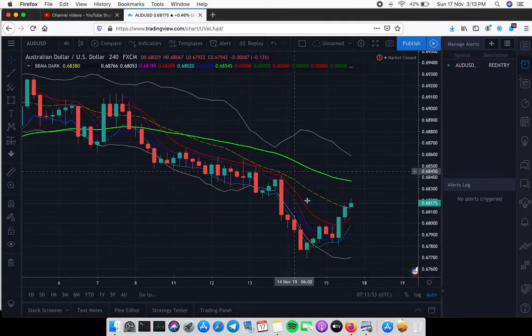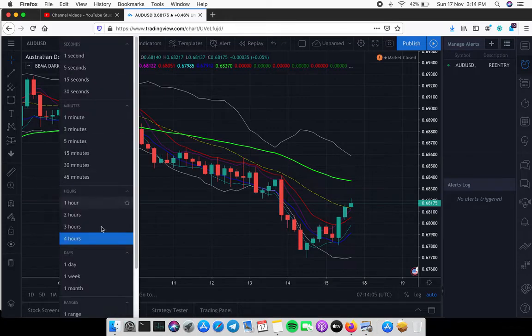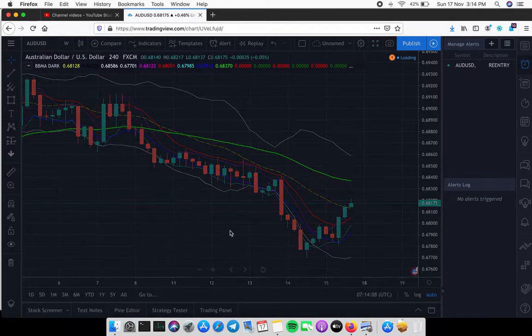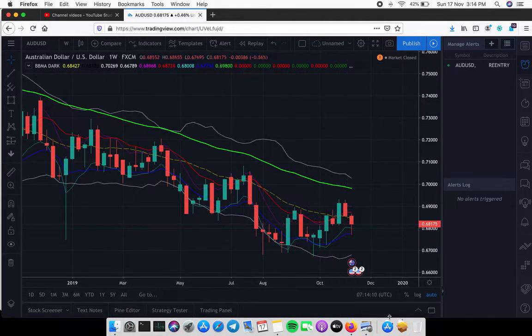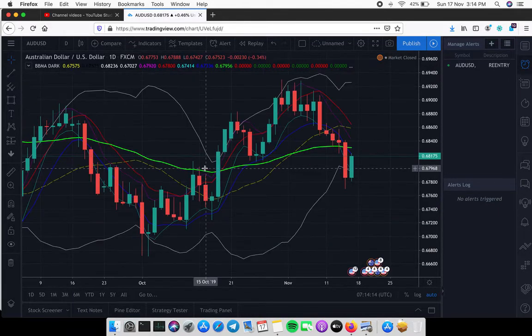So AUD USD is definitely one of our setups. Let's write it down here. AUD USD. Weekly is re-entry buy. Daily, I would say momentum buy first.